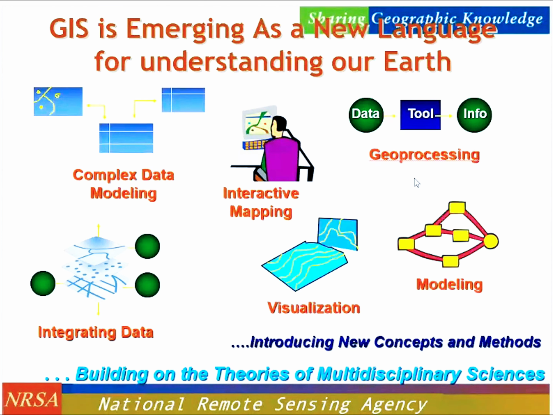So what is the actual history of geoinformatics or GIS, right? Within the last 5 decades, GIS has evolved from a concept to a science, and this is the evolution of GIS in different tools.